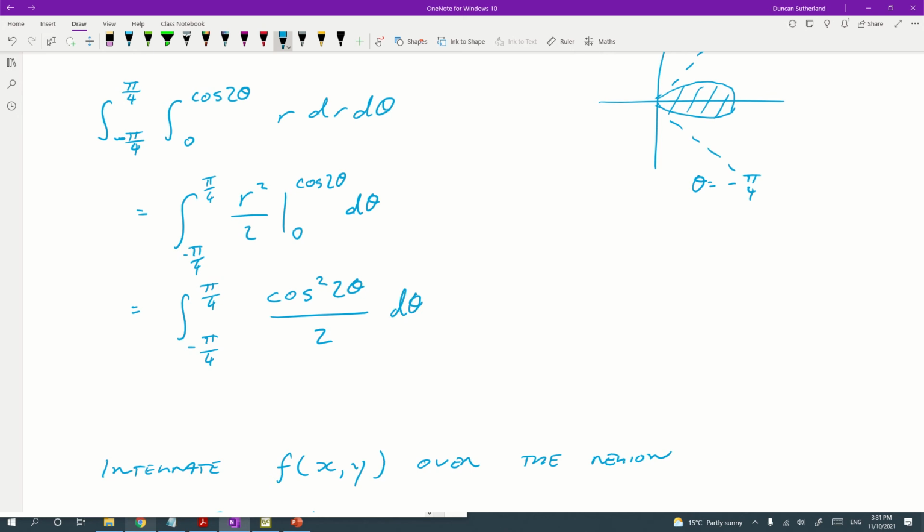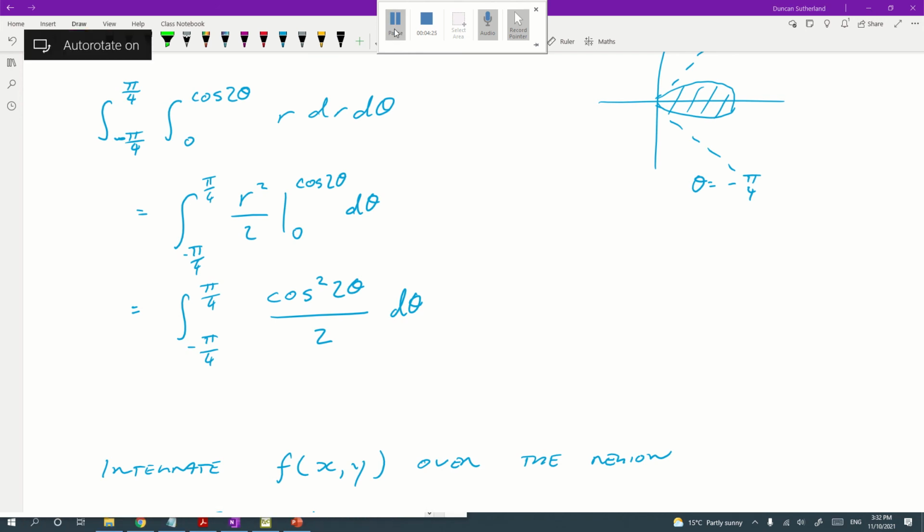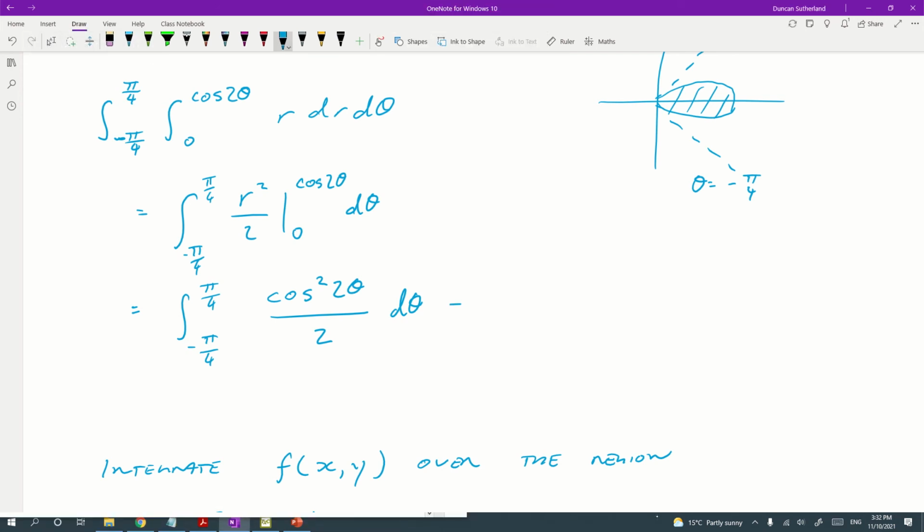And now we're going to have to use a trig identity to be able to compute this integral. That trig identity, you can just look this up on Wikipedia.